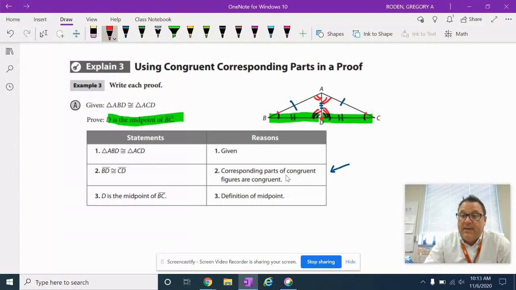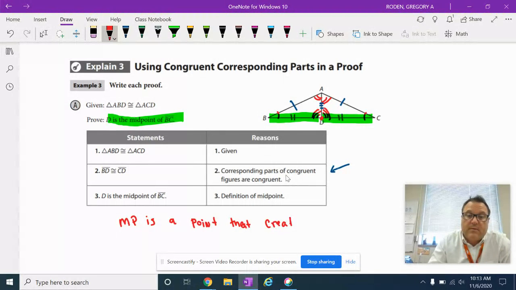So that's what a midpoint is. We've defined a midpoint, if we haven't done so already, but I think we have. A midpoint, MP, is a point that creates two, and since we're talking about congruence here, congruent segments.